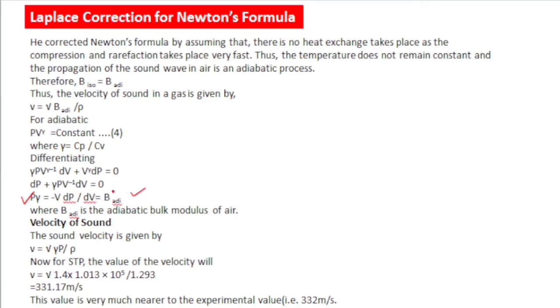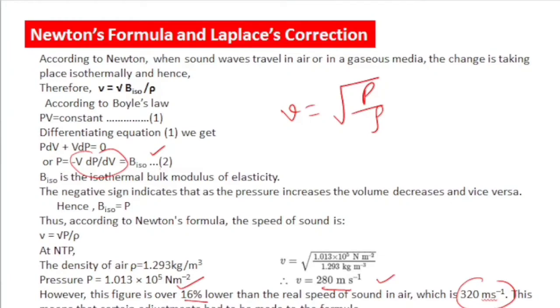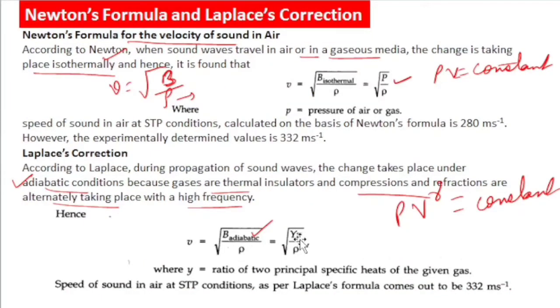So B adiabatic is replaced by gamma P, and at STP you know the value of P. So B adiabatic is replaced by gamma P by rho, and you can take gamma as 1.4.